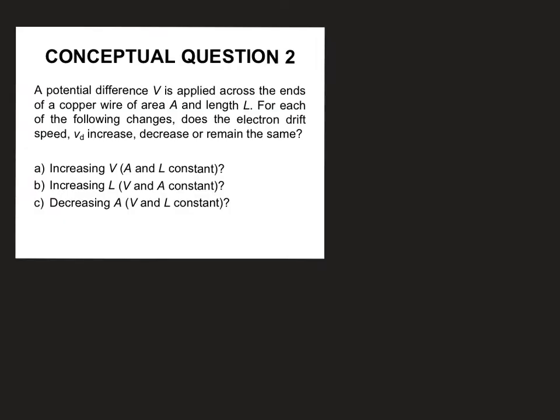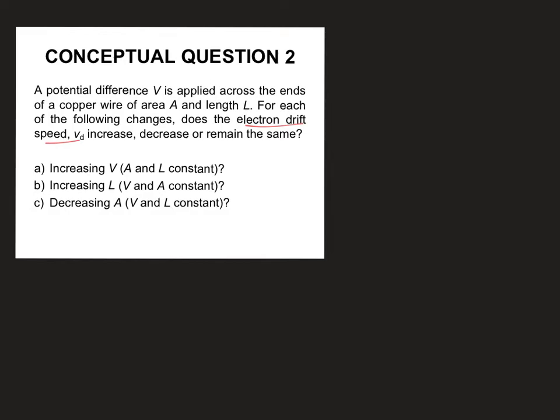Now we are going to answer the conceptual questions related to resistivity. The question asks you to find the effect on electron drift velocity when certain physical quantities are increased and others are kept constant. For this question, I'm going to derive the formula, because from the formula itself I'm going to get the answer.